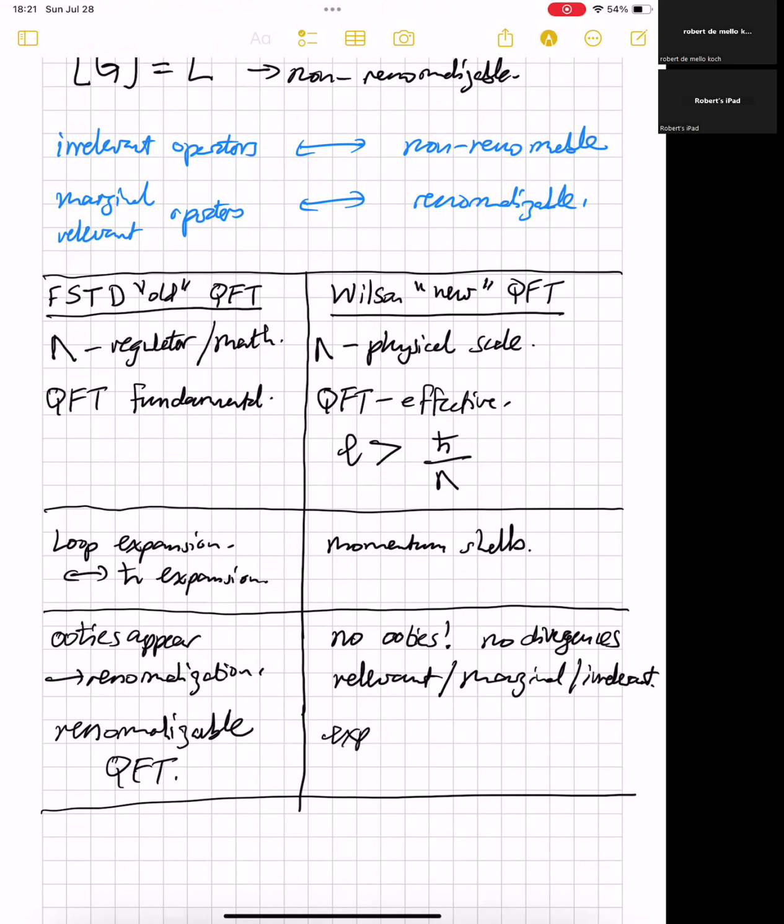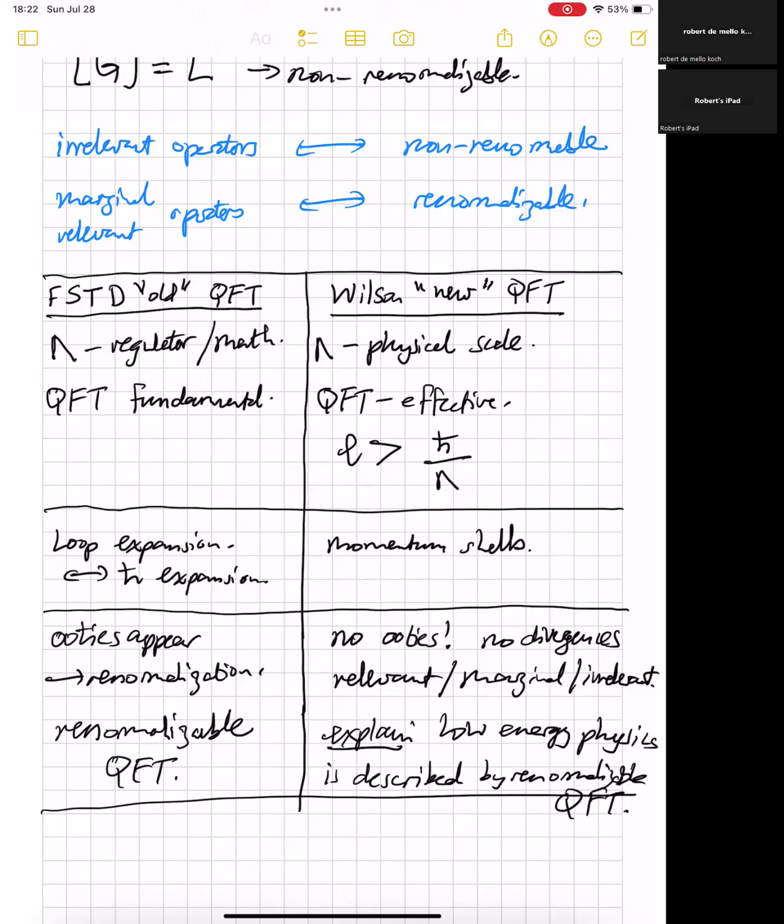You explain that low energy physics is described by a renormalizable QFT because it's a QFT that only has marginal and relevant terms.